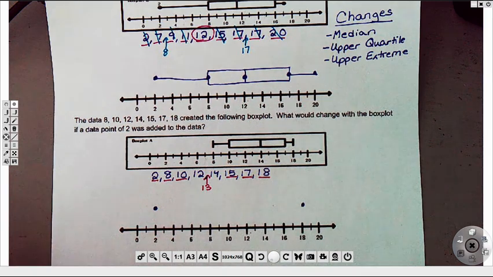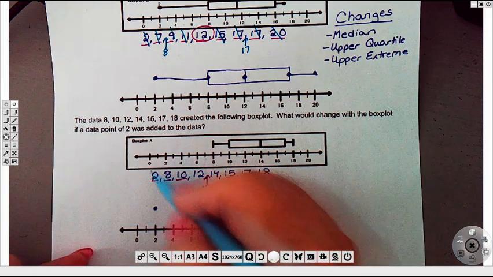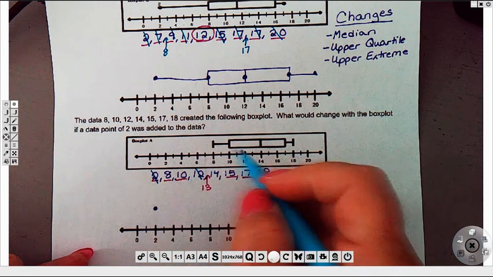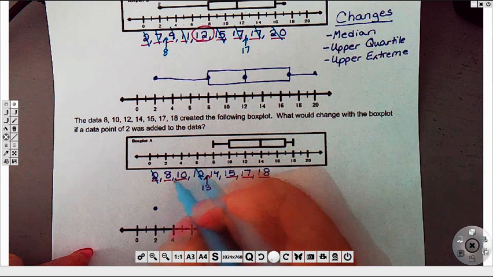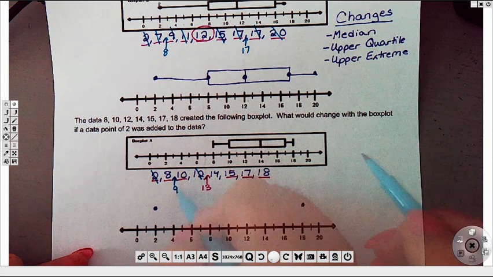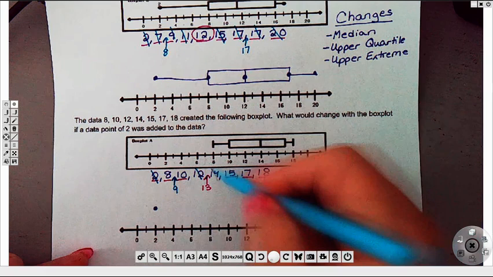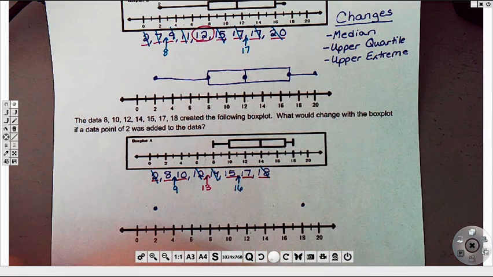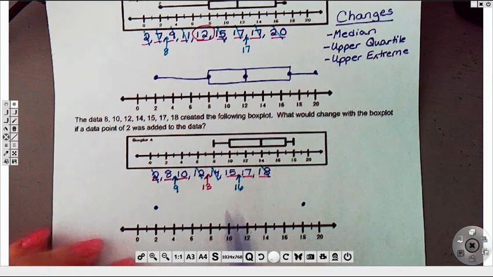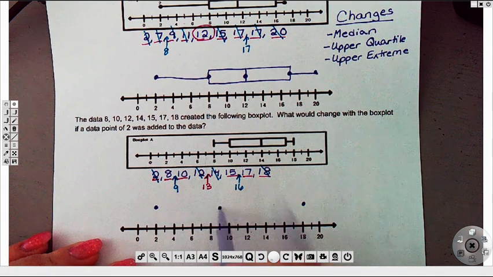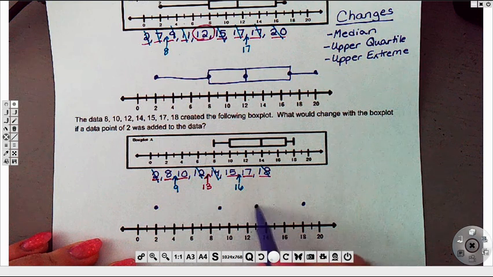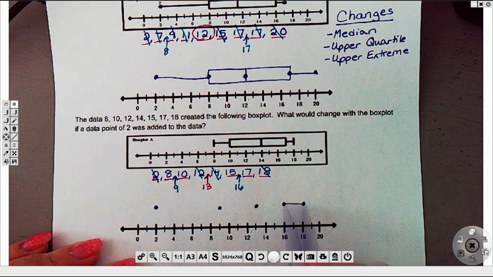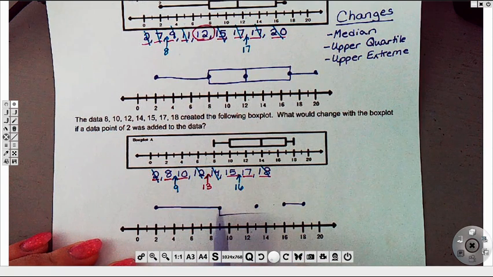And then if I were to do the same thing for my lower quartile, my lower quartile would be right here at 9. If I were to do the same thing for my upper quartile, that would be at 16. So if I were to plot, lower quartile is 9, median is 13, and my upper quartile is now 16. And I create my box and whisker plot.